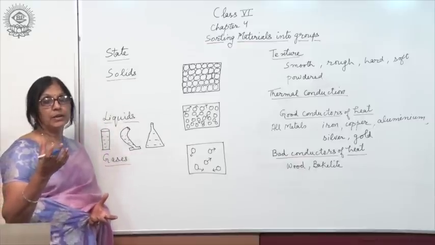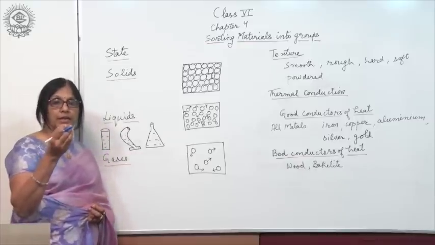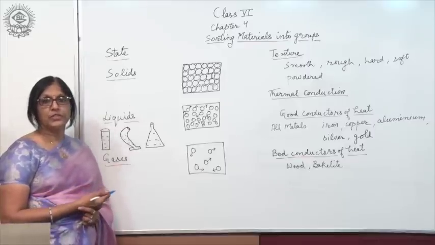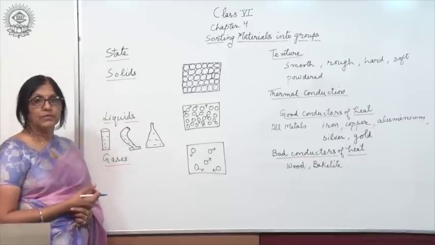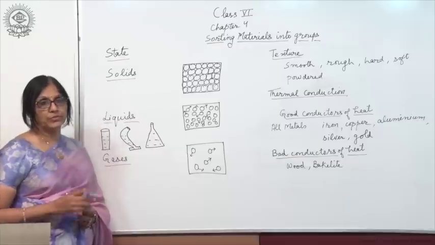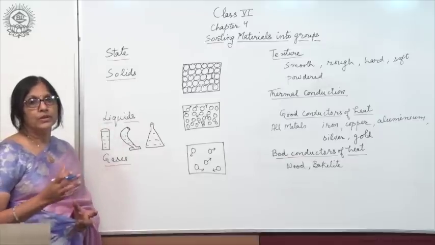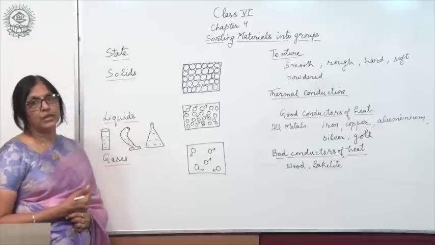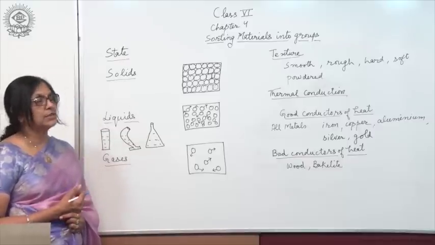Some elements like oxygen, nitrogen, hydrogen exist in molecular form, which is composed of the same type of atoms. This is just to revise what we have studied earlier. So here we are using the term molecule, so don't get confused by this term.